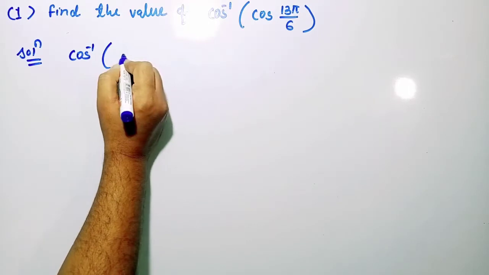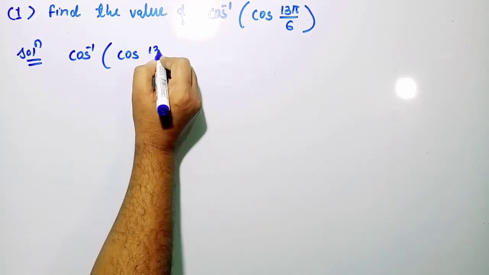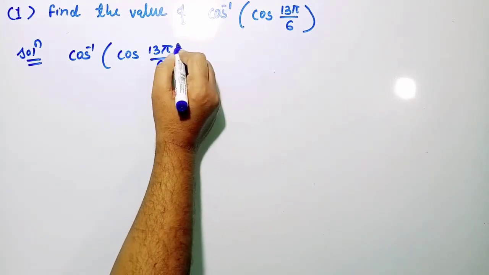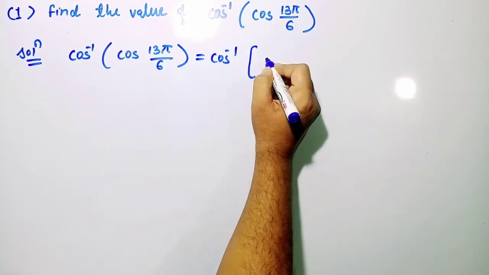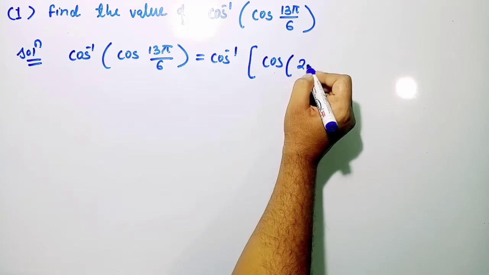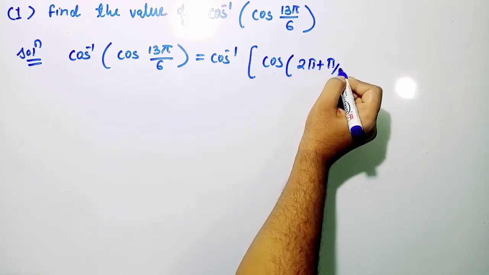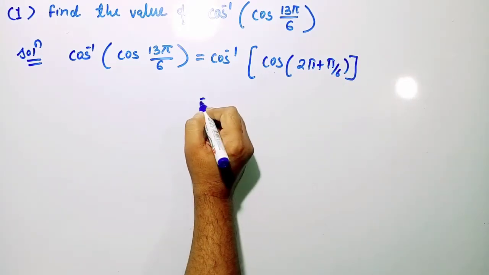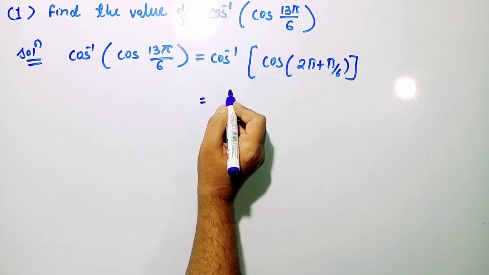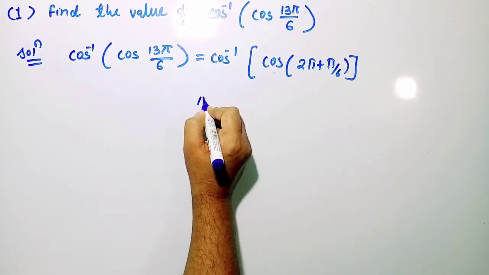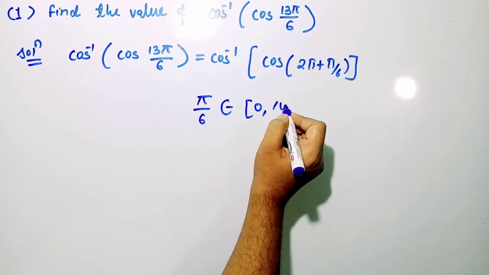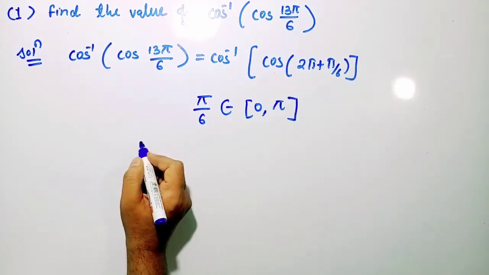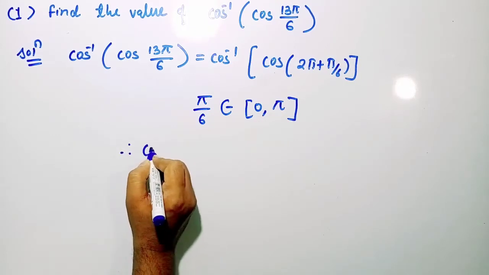Cos inverse cos 13 pi by 6 is equal to cos inverse. Now cos 13 pi by 6 can be written as 2 pi plus pi by 6, right students? So here we are considering 2 pi revolution, and we get pi by 6, which lies between 0 to pi, right students?